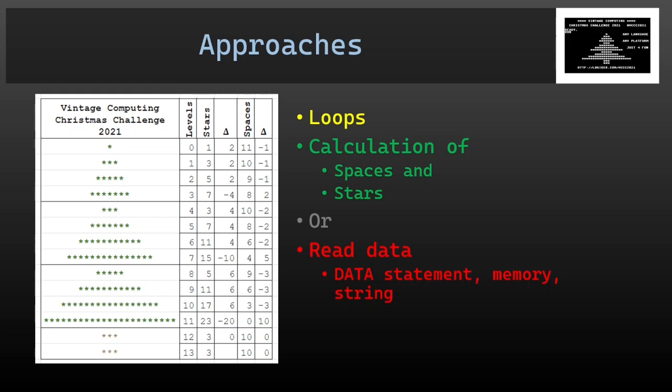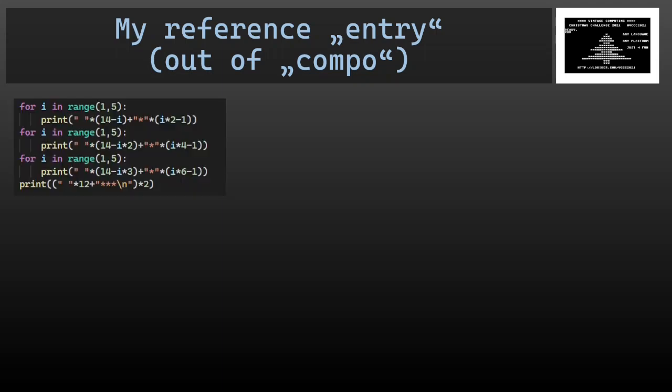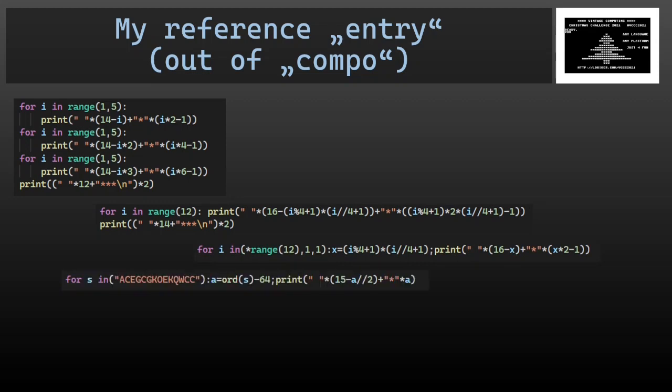Of course, I did my own implementation as reference at first. I will also put this in the releases, but out of compo, of course. So what I did was implementing it in Python. I used some for loops and the final print statement for the Christmas tree trunk. This I put together into one for loop, and later on I really used only one for loop which also included a trunk.